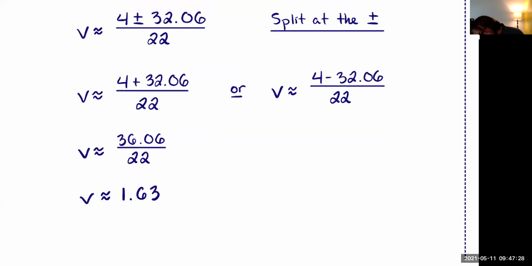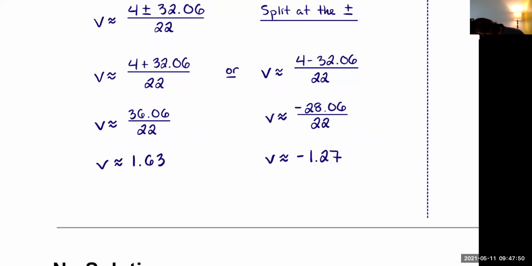Transitioning to the right here, what's 4 minus 32.06? 28.06. Almost. Negative 28.06. And then when you divide that negative 28.06 by 22, negative 1.27. Good. So our two solutions are 1.63 and negative 1.27.